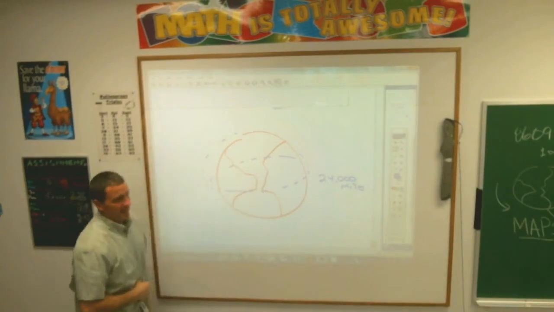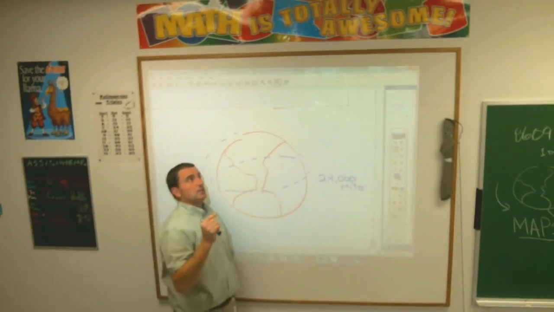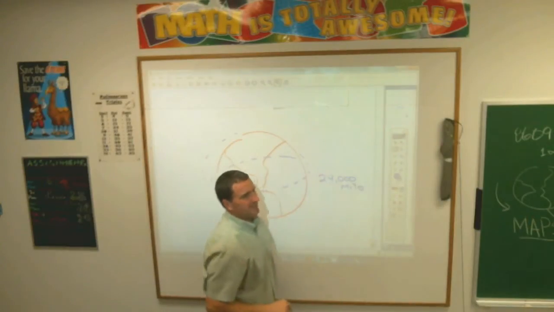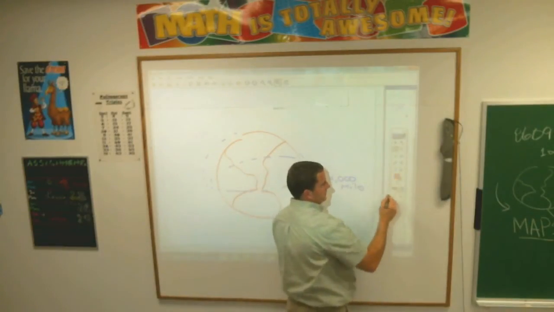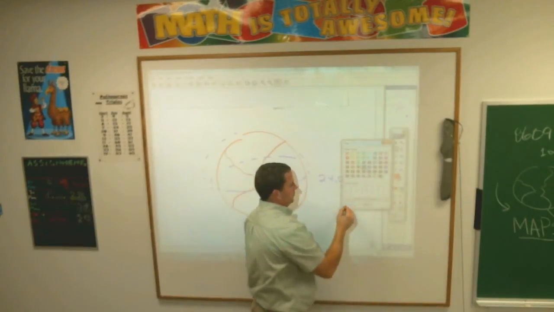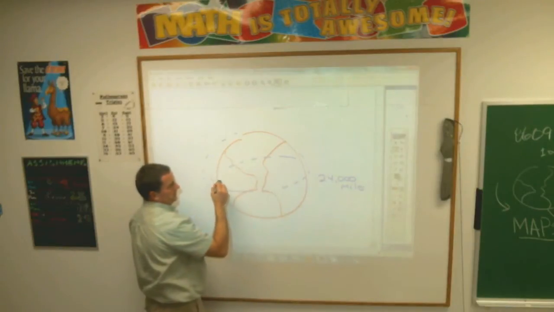If I know that the circumference is basically 3 times the diameter, you should be able to give me a pretty good guess as to if you were digging a hole, how far you could dig it before you got to the other side of the Earth.